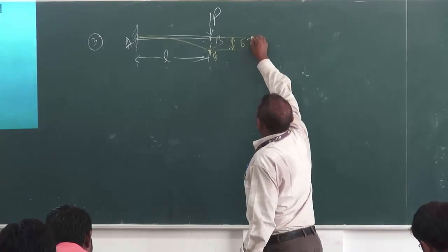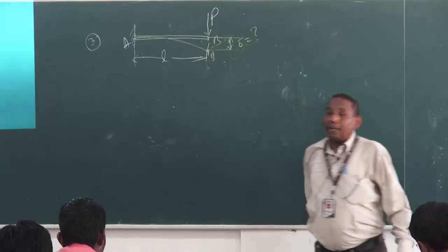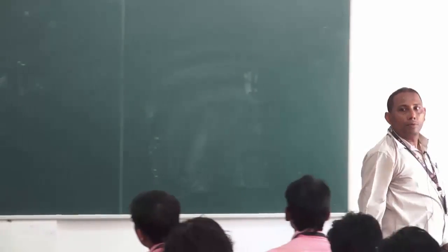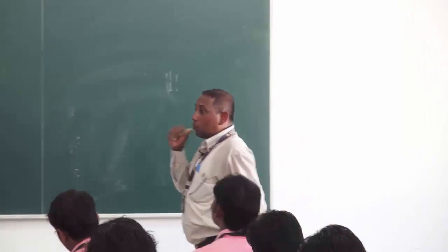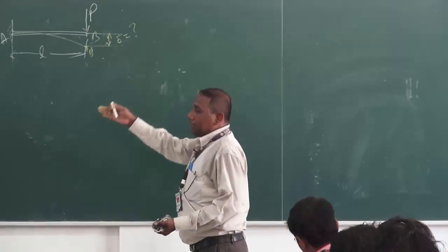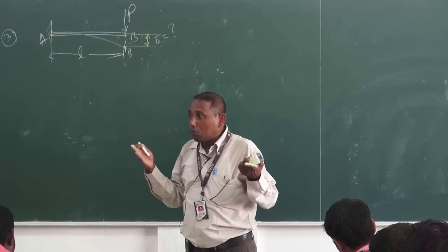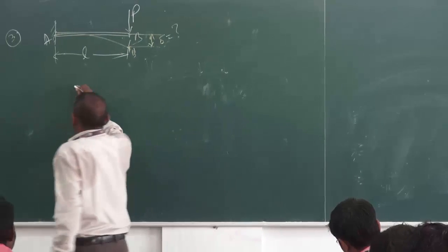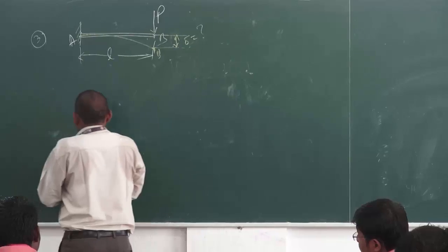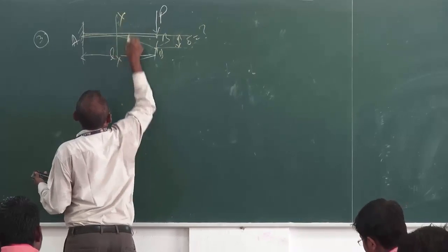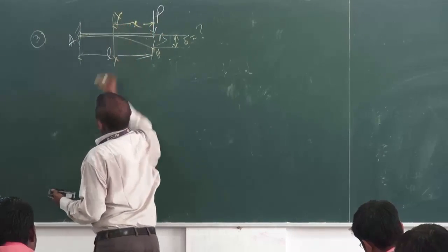And our objective is how to find out that delta. So how to calculate that? For this we have to use U is equal to half P into delta. But what is U? Take any section XX at a distance x from the free end.